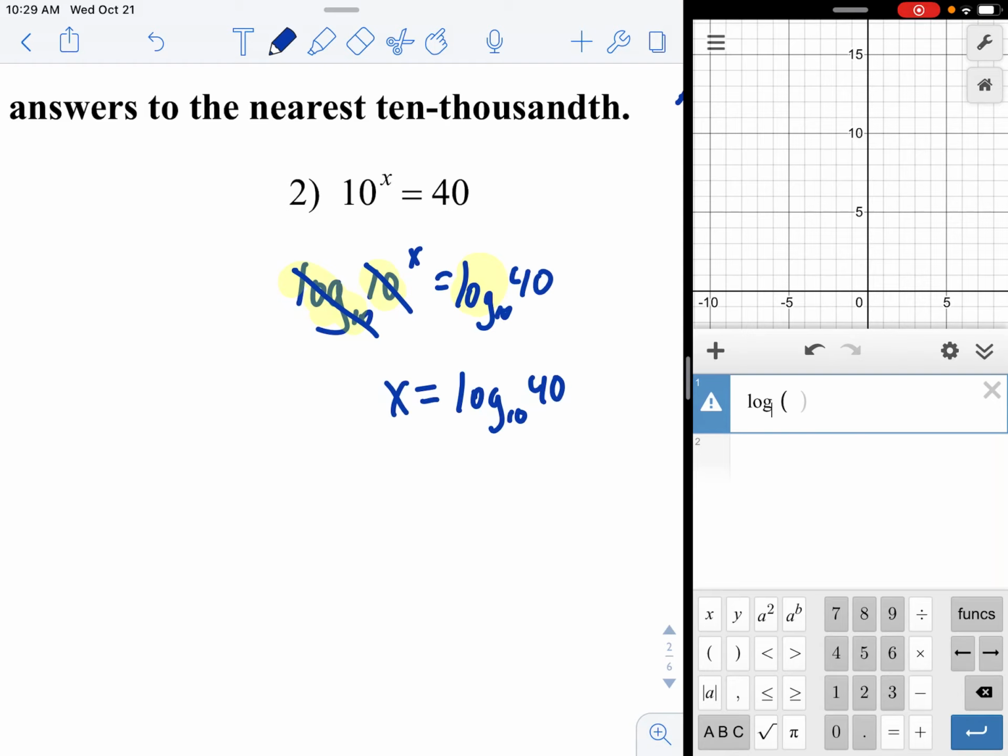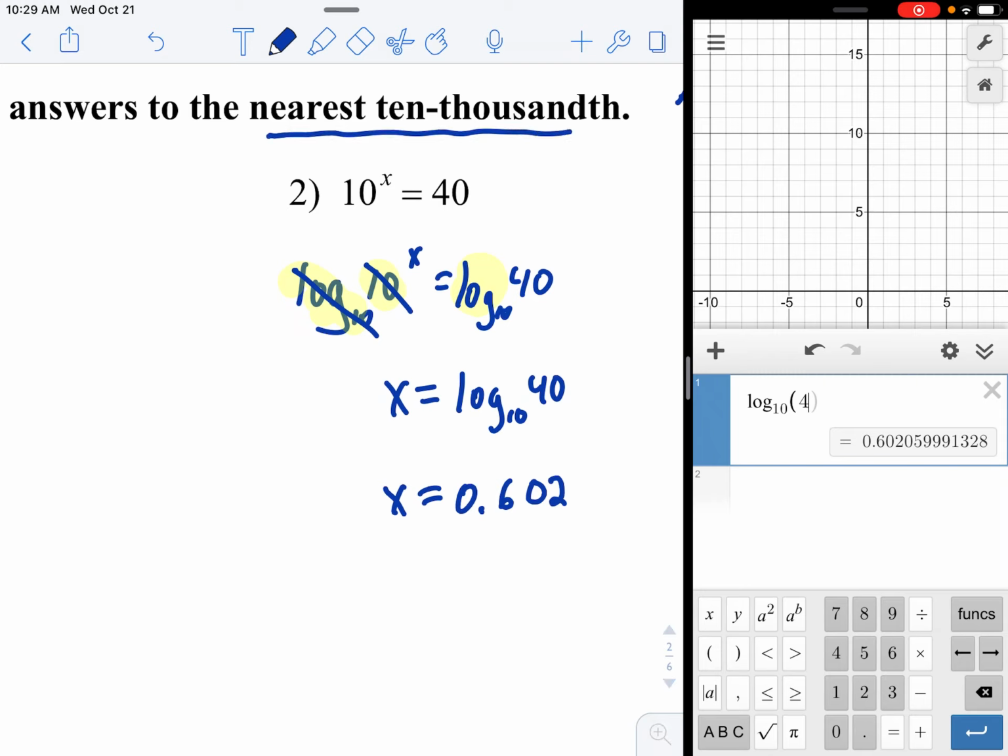So the cursor is blinking down there in the location of the base, so I can type a 10 there. And then the parentheses is where your 40 goes. And what I get is x equals 0.602, round to the nearest 10,000. So that's 4 decimal places, so 6021. That should be the answer.